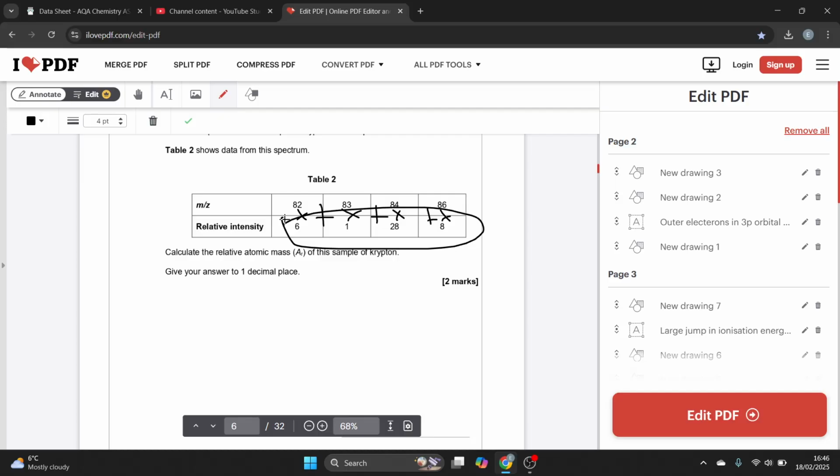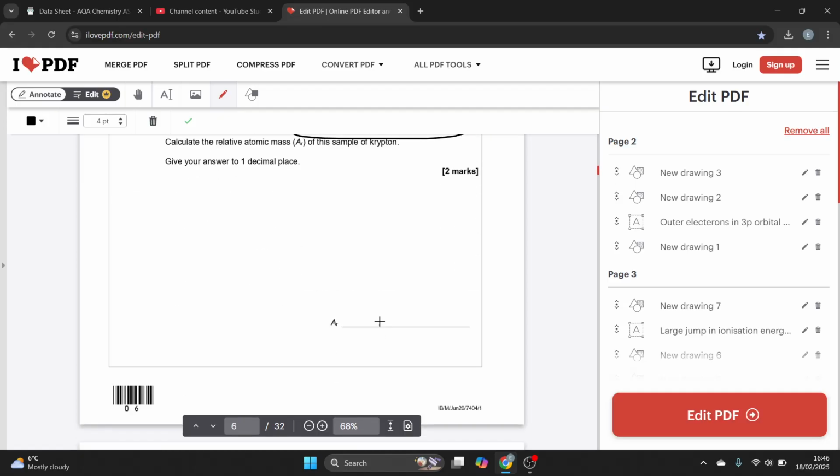And I get 84.1. It's not a percent, it's just Ar, so that's fine.